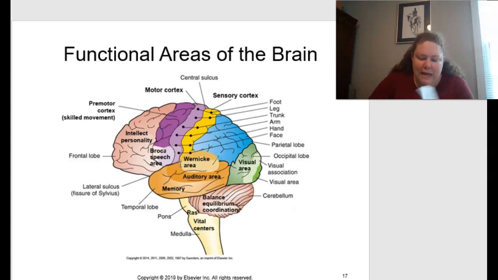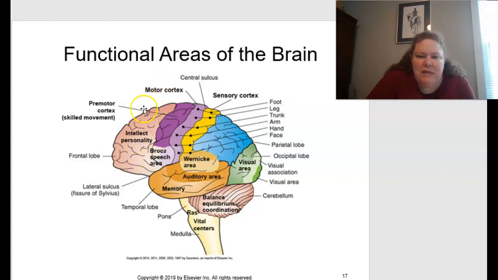So looking at this picture of the brain, this is going to be showing you the functional areas of the brain. And this is found on page 329, and this is figure 14.3. And so again, we just looked at those areas, the frontal lobe, temporal lobe, etc. And so it's going to tell you where our different characteristics are controlled.